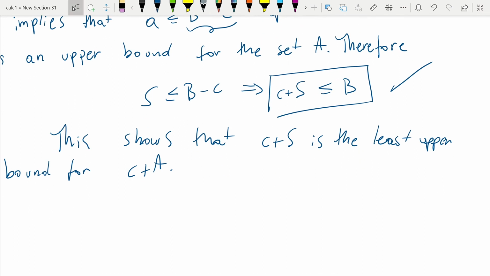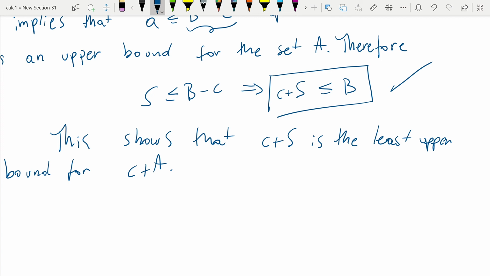Remember, we showed already that C plus S bounds all the elements in C plus A. Now we've shown that among all the upper bounds, this is the least upper bound, because we picked an arbitrary upper bound B, and we've shown here in the box that B is greater than or equal to this C plus S. So far, C plus S was just a candidate for the least upper bound, but we've managed to show that it's indeed the least upper bound.